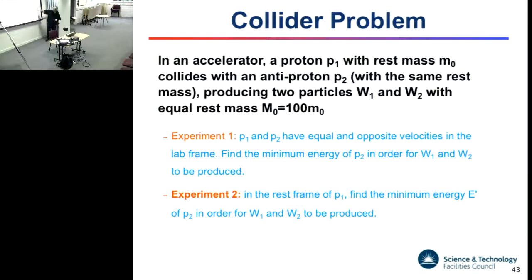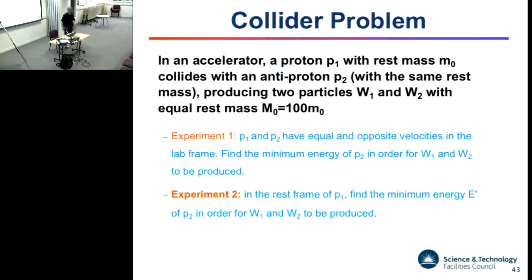What's the relationship between the energies that you need if you want to produce two W particles, where the rest mass of a double W particle is about 100 times the rest mass of the proton? So in one you're firing a proton into a fixed target to produce W particles. The other one you're firing two protons together.